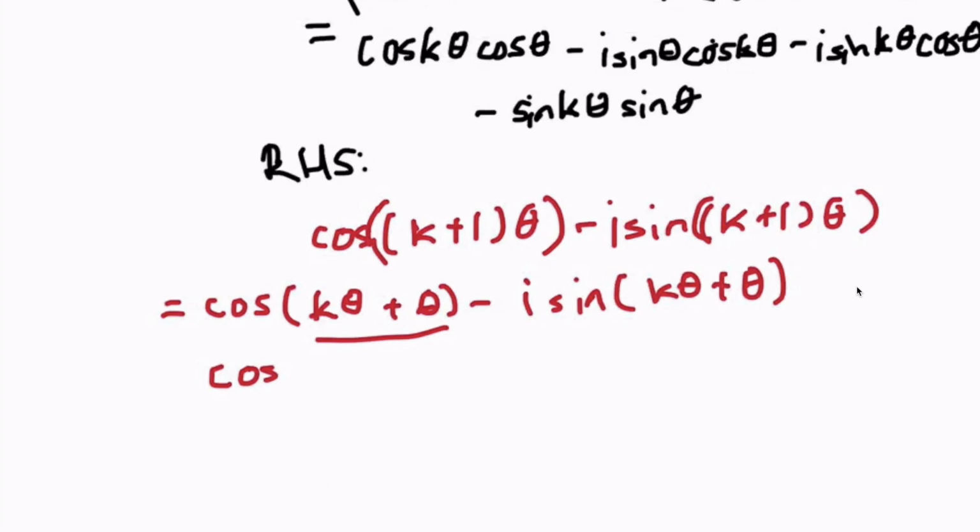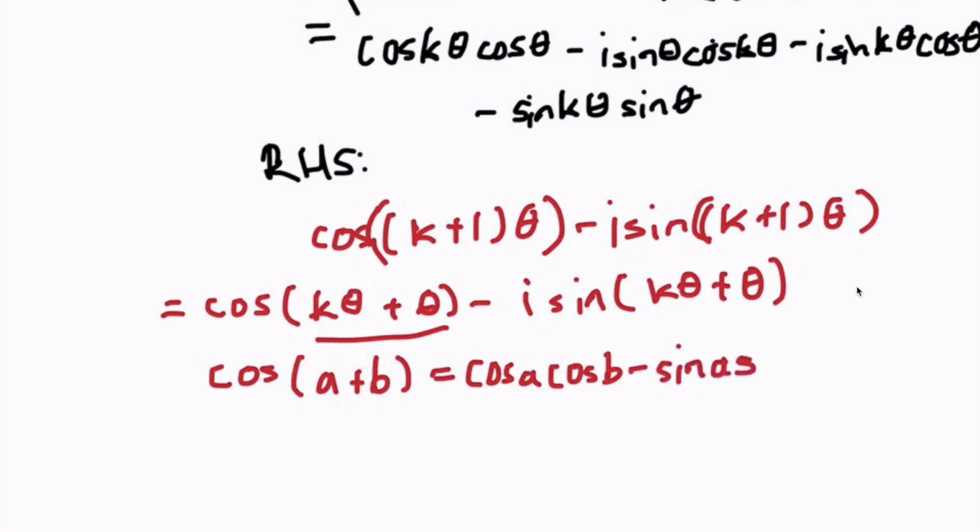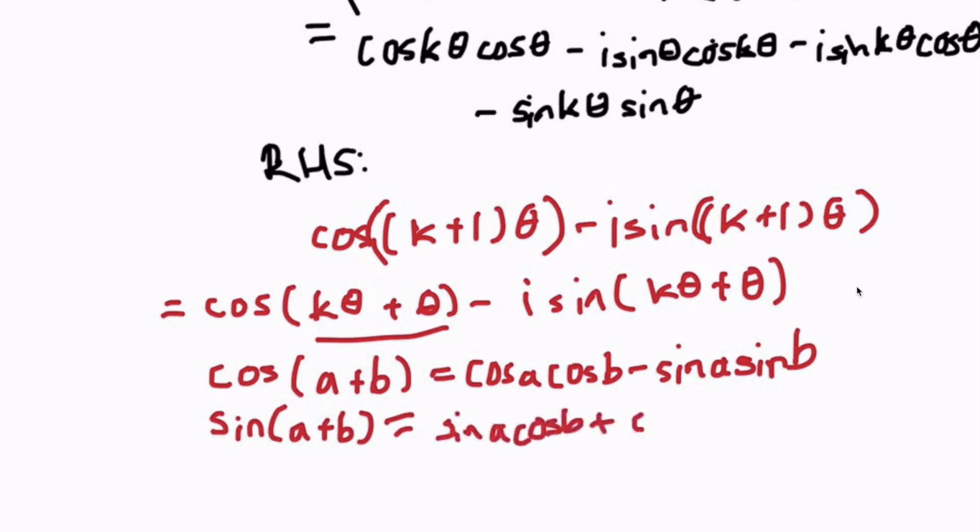Where were we? Oh yes, cosine A plus B. That's just equal to cosine A cosine B minus sine A sine B. And we know that sine A plus B is simply equal to sine A cos B plus cos A sine B. So using these identities, I'll box this in a different color.